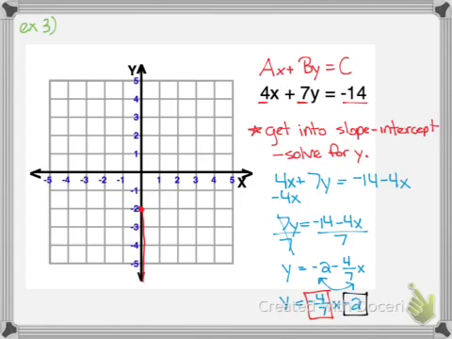And then over positive 7. So that would be, let's see, 1, 2, 3, 4, 5. We need 2 more little boxes, 6, 7. So we'll say that's about right here. Make our point, and then connect those 2 dots. Sorry about running out of room on this one. Next time I'll choose examples where I have enough room to do it. Okay, but that is about what that line would look like.